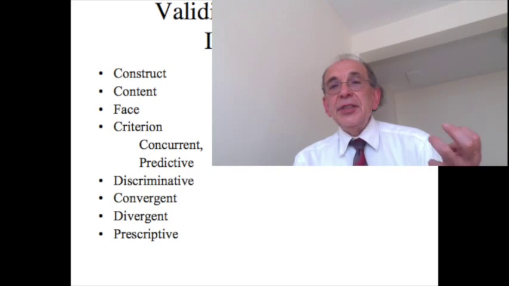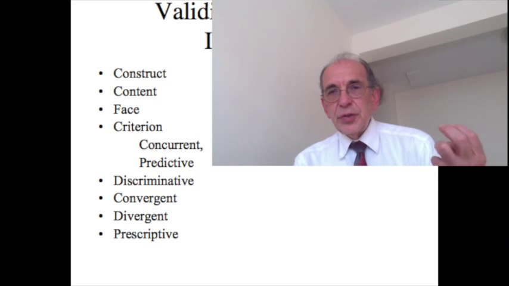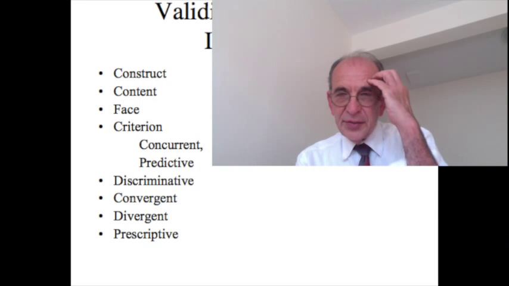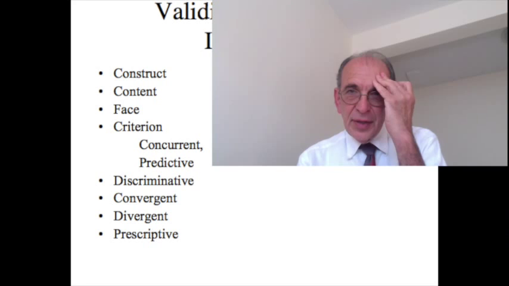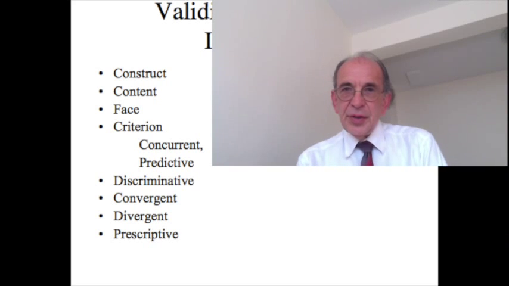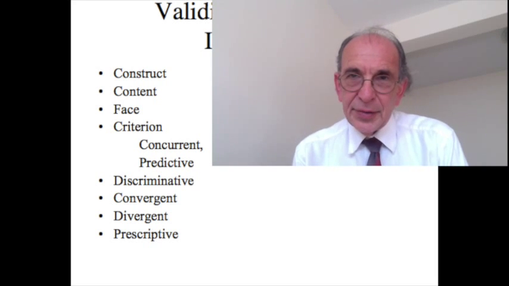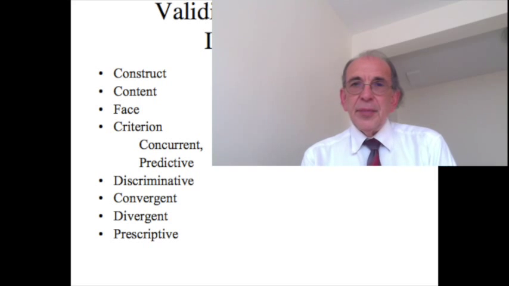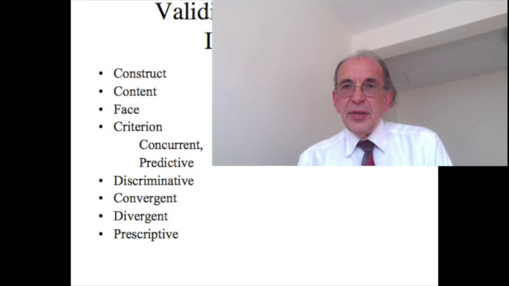If you buy into the construct, if you say that auditory and visual memory really exist for language, and that was brought into question, but if you say they do and you pass muster on construct validity, do the items on the assessment actually measure it?